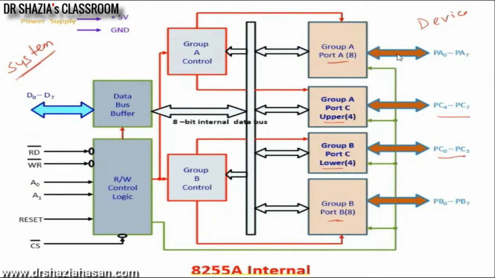Now coming to the system side of the interface, how this 8255 is connected with the system or the microprocessor. So basically how many ports do we have in 8255? 3 ports. Yes. So each port should have an address. You want to send data to port A, or you want to communicate through port B. Sending or receiving data depends on whether you have connected an input device or an output device.